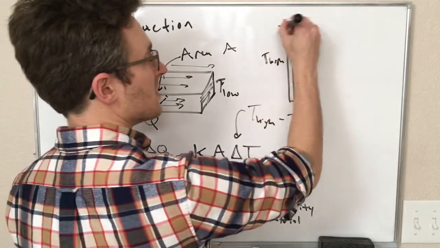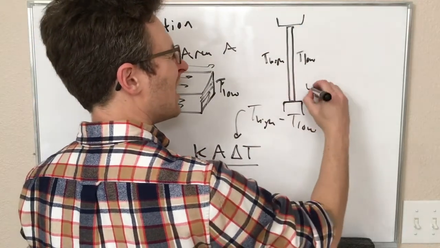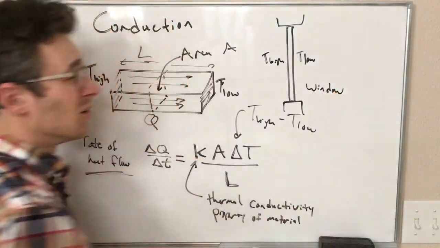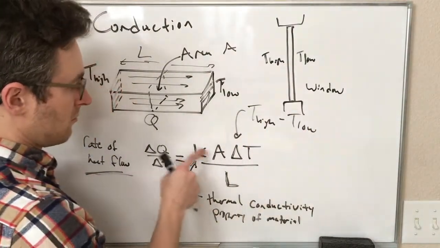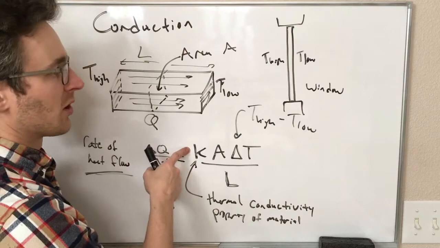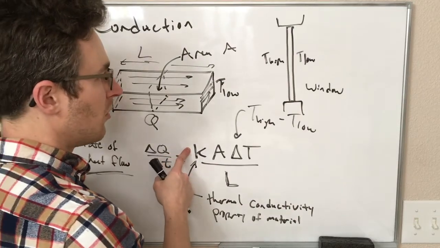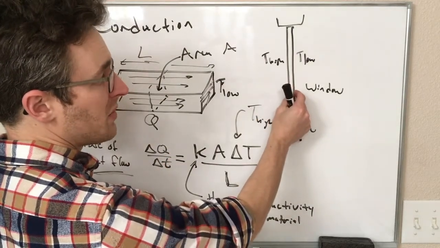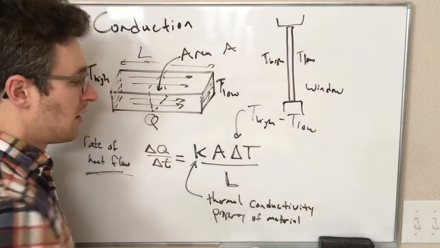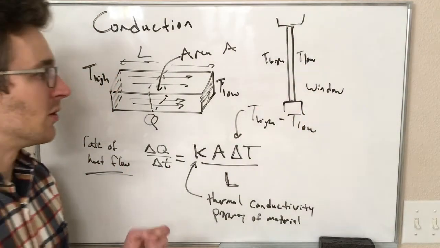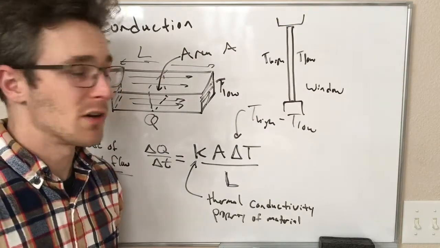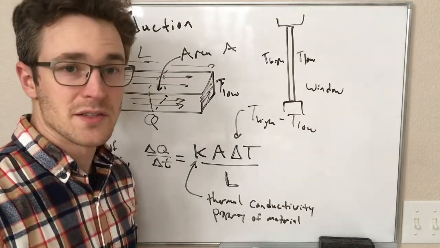It turns out this is pretty much what a window looks like. So a piece of glass, which has a medium value of thermal conductivity, is so thin and so big that you can have a large amount of heat flowing through it. This is why single pane windows in your house will get condensation on them.